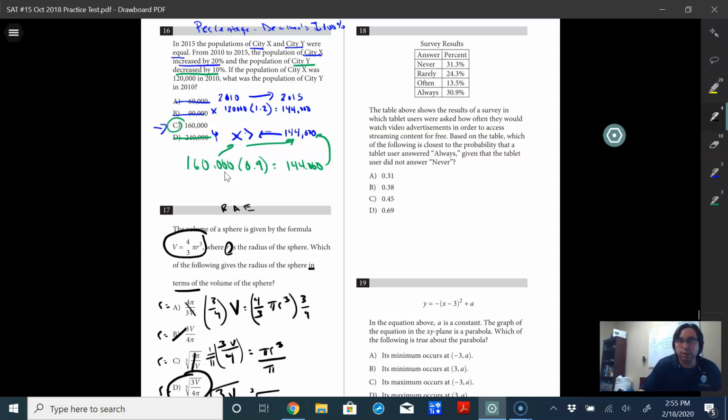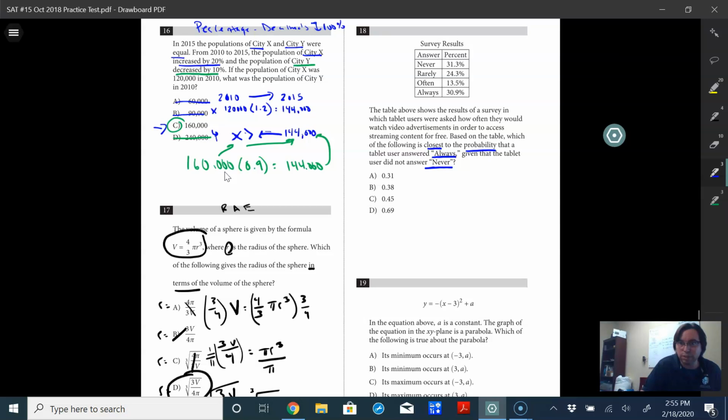All right, let's look at number 18 now. We have this table of survey results. The table above shows how often respondents would watch video advertising in order to access streaming content. Based on the table, which of the following is closest to the probability that a tablet user answered always, given that the tablet user did not answer never?